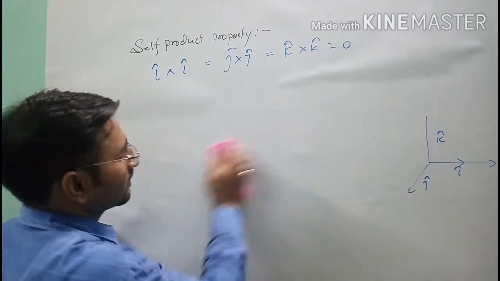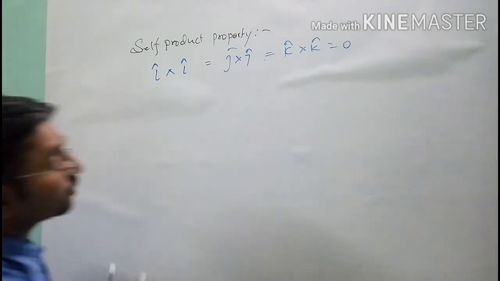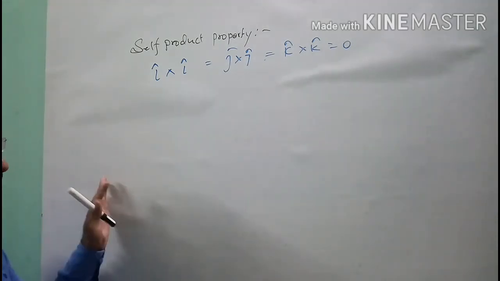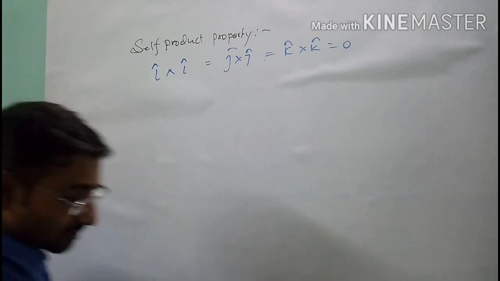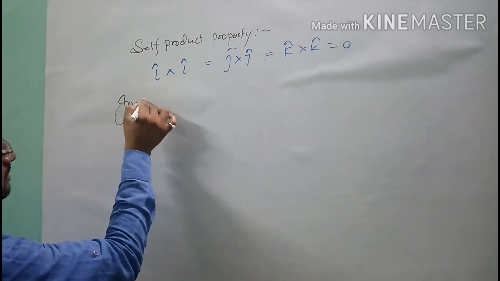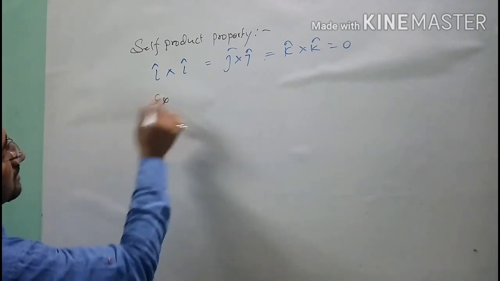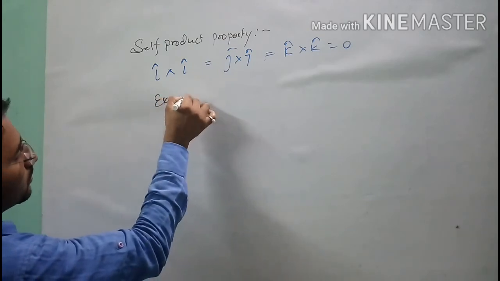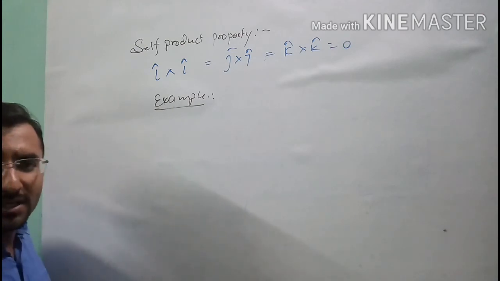Point is clear? Now after this, we will discuss the numericals which you will face in terms of the cross product. For that, I will give you some examples so you can understand the properties, which are called vector properties.